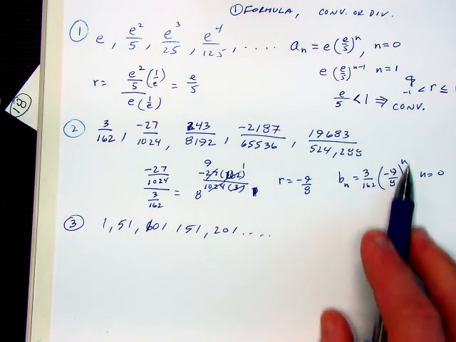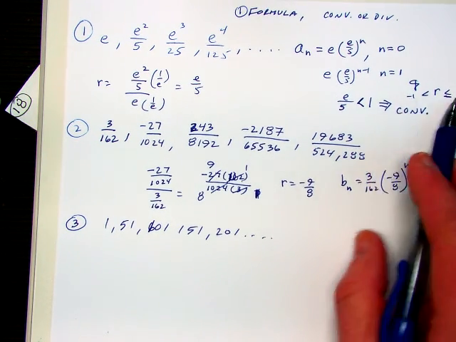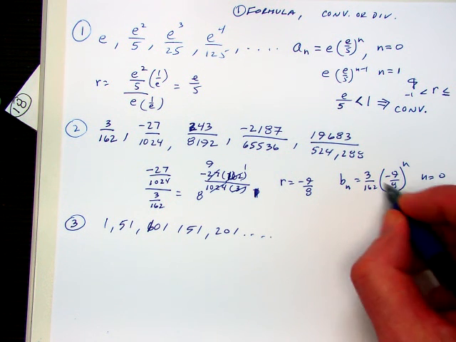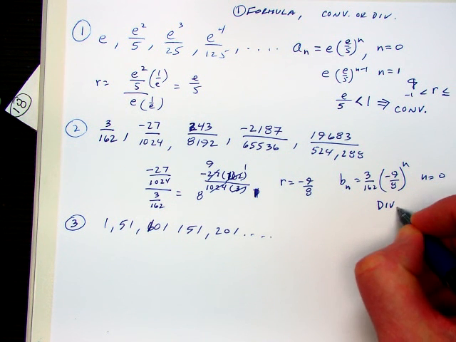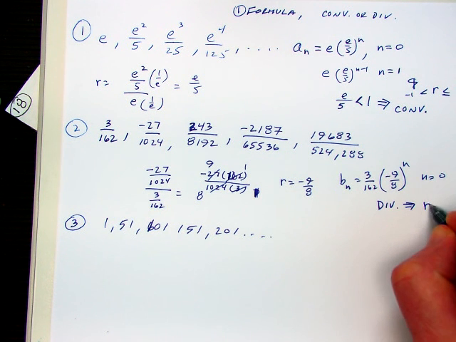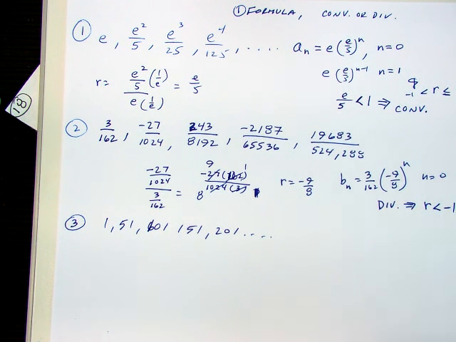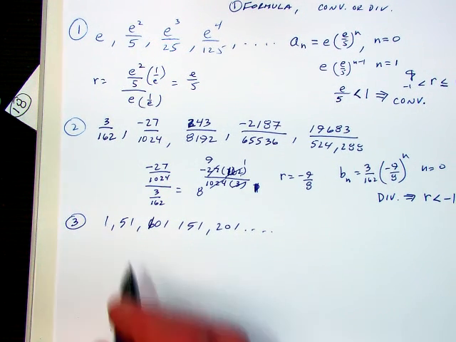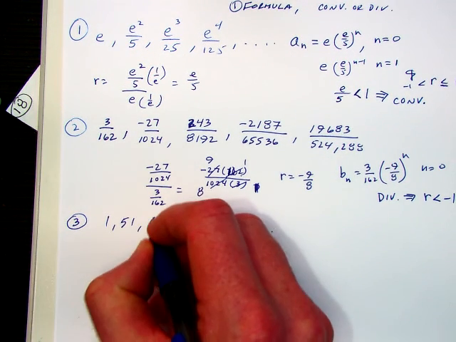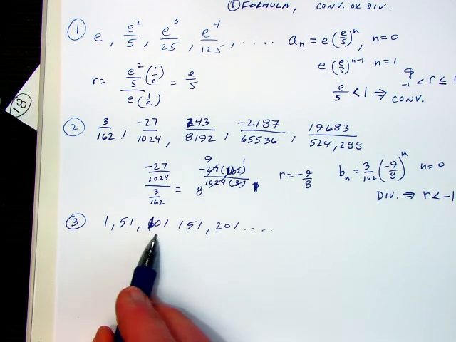Since r is not in our happy range of -1 to 1, we know that it diverges, and our reason is r is less than -1.